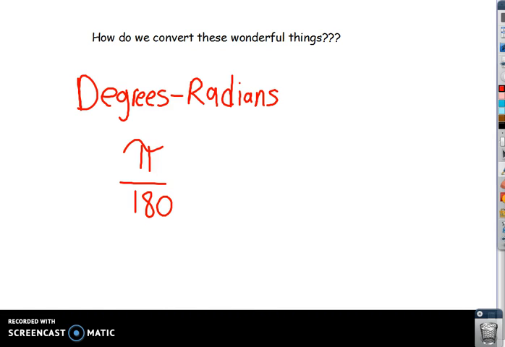If you look back at our definition for radians, radians include pi, so the pi has to be up top. Pi over 180, because if you remember, 180 degrees, by our little diagram there, is pi radians. That's why I am dividing by 180 and introducing the pi.